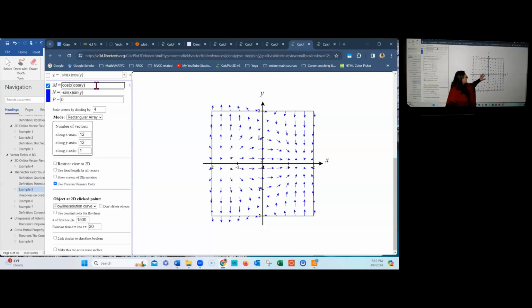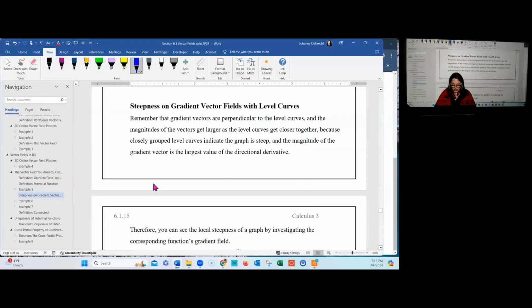By following the arrows, you can see the flow of something within this particular vector field. We'll study more about flow later in this chapter. Don't forget that you can tell how steep it is by looking at the gradient vectors.